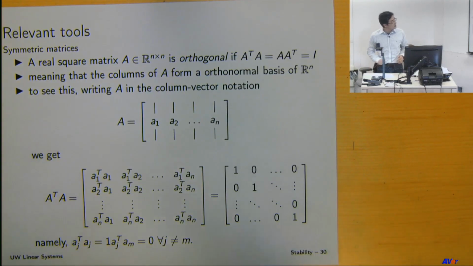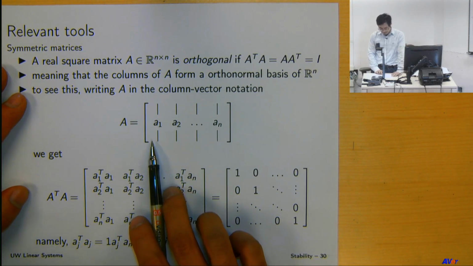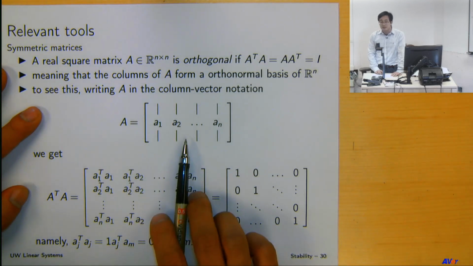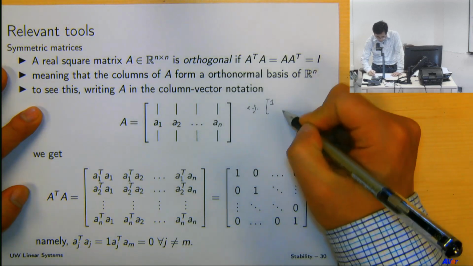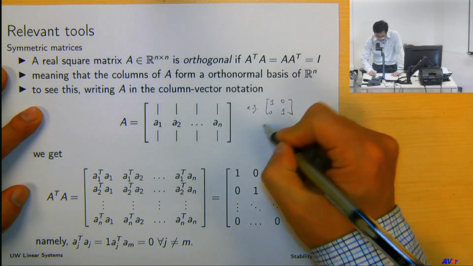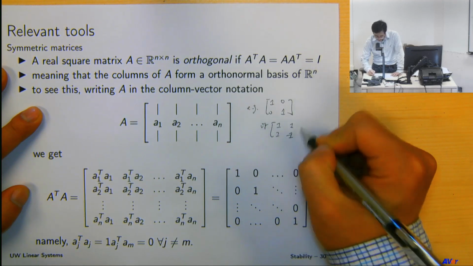Another concept built on top of symmetric matrices is about having multiple columns in a matrix. For example, columns like 1, 1, 0, 0, or 1, 1, 1, negative 1.